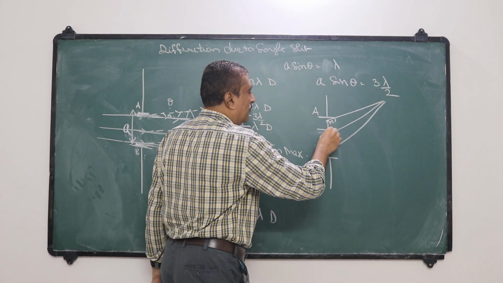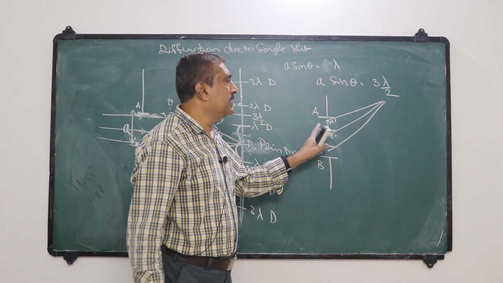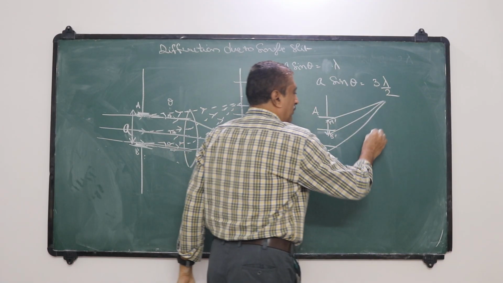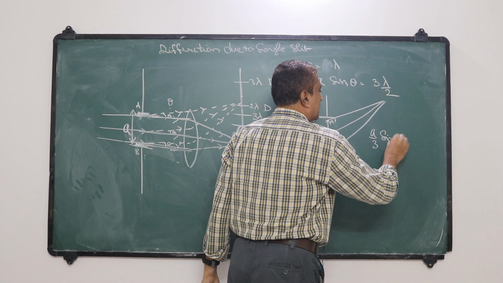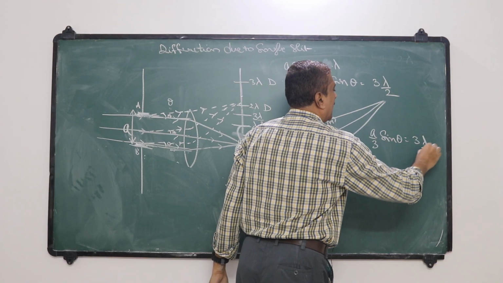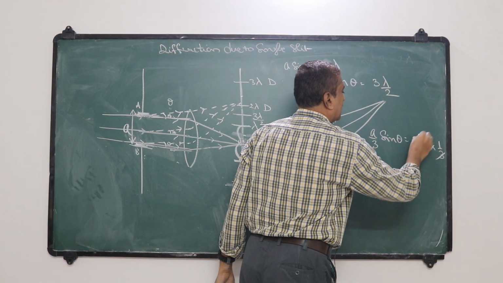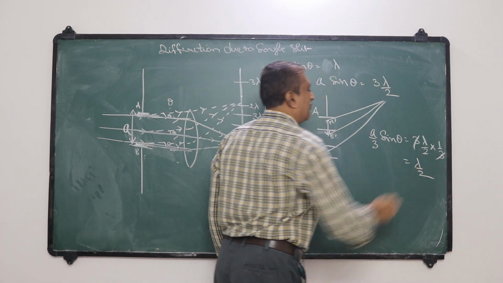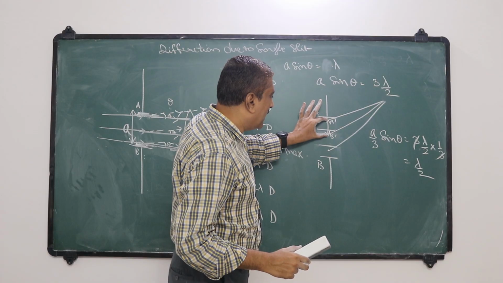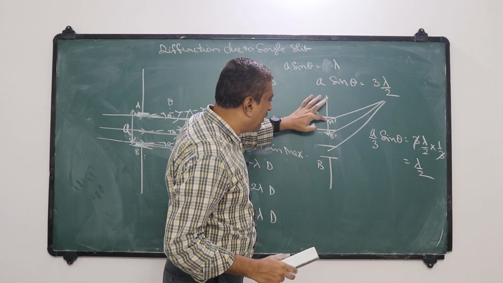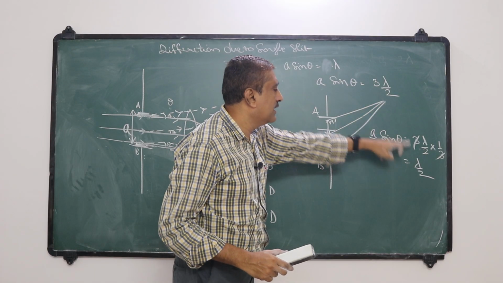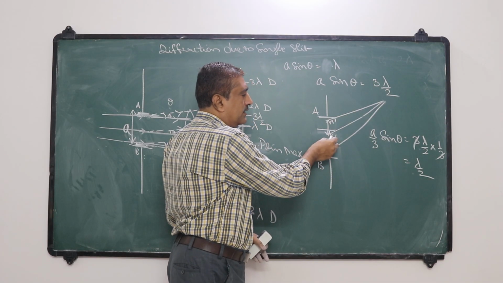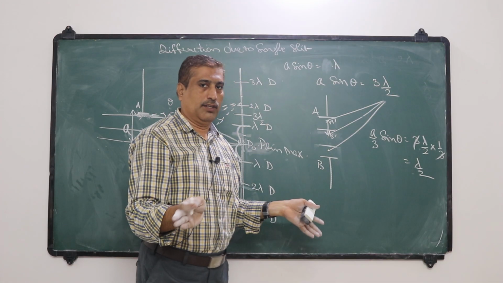If we divide the slit into 3 equal parts, that is a by 3 sin theta is equal to 3 lambda by 2 into 1 by 3, that is lambda by 2. So the light rays from these two parts reaching this point have a path difference of lambda by 2, so these two rays interfere destructively and cancel out.